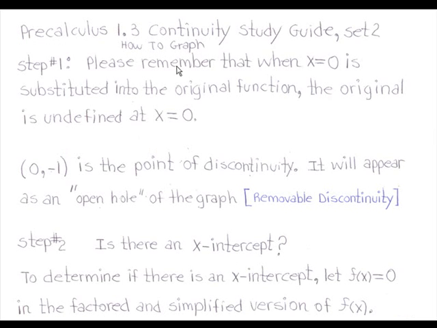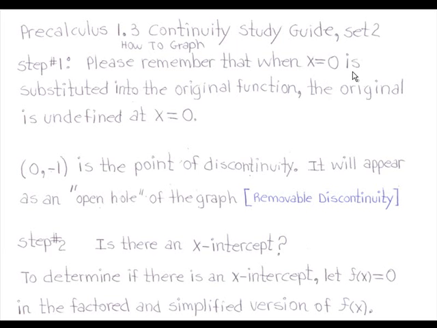How to graph? Please remember that when x is equal to 0 is substituted into the original function, once again, we're back to the original function. The original is undefined at x equals 0. Even though we get a value for the factored simplified form of f of x, we always must go back to the original function, because that is what we're actually trying to graph.